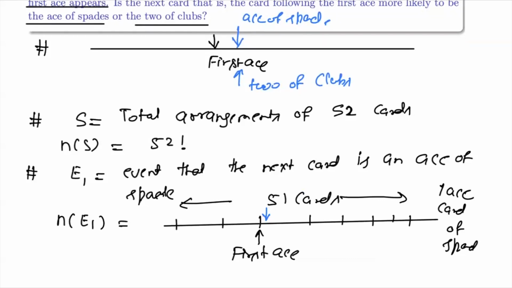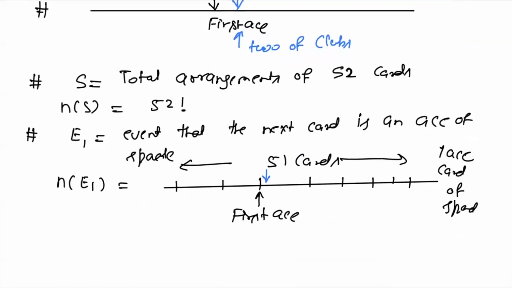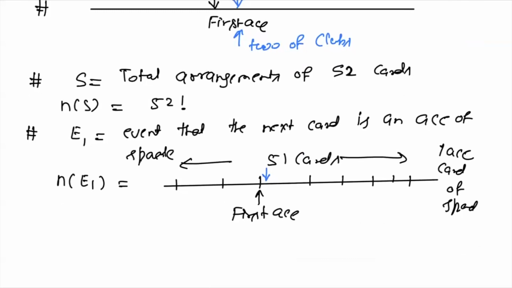So technically, this is basically an arrangement of 51 cards, and I will put the ace of spades there after the first ace. How many arrangements can you have of 51 cards? It is 51 factorial.